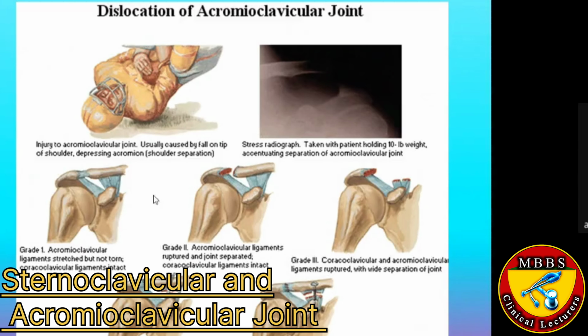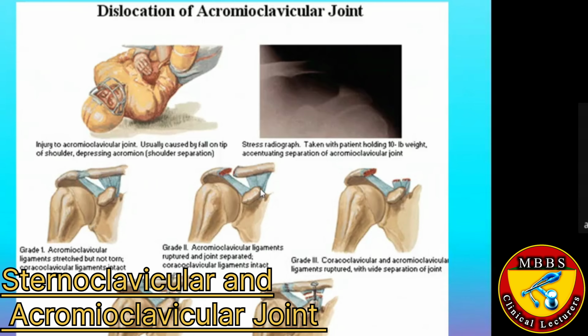In the first grade, the acromioclavicular ligament is stretched but not torn, and the coracoclavicular ligament is intact. In a grade 2 injury, the acromioclavicular ligament gets ruptured and the joints get separated, but the coracoclavicular ligament is intact.